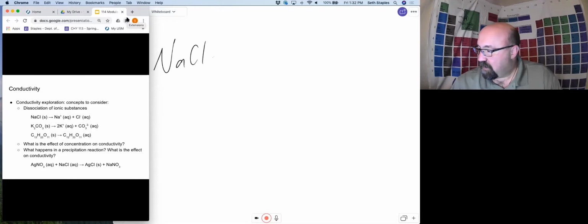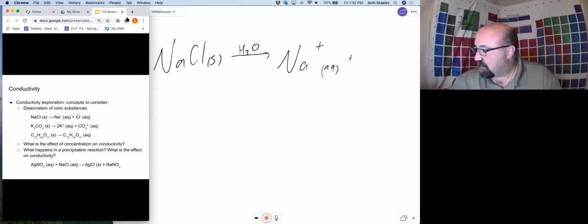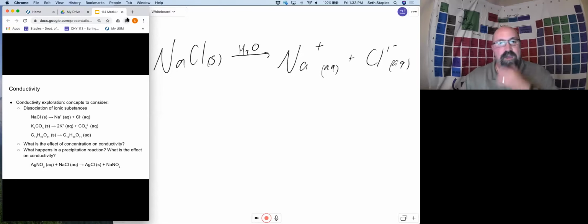NaCl as a solid, we then dissolve that into water, and that's going to split up into Na+, now dissolved in water, aqueous, and Cl-. And so NaCl splits into 2 ions.